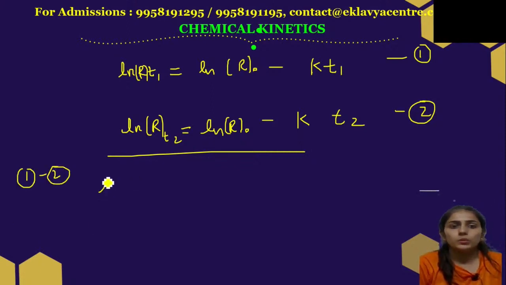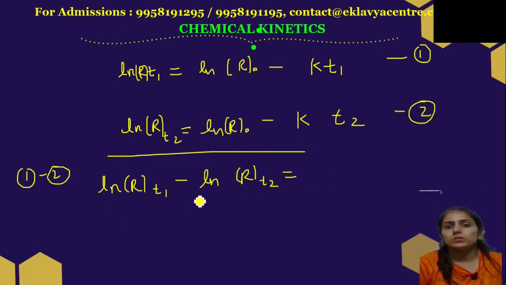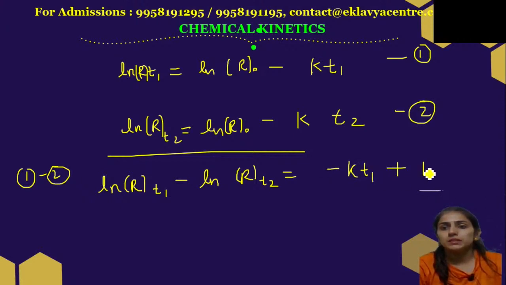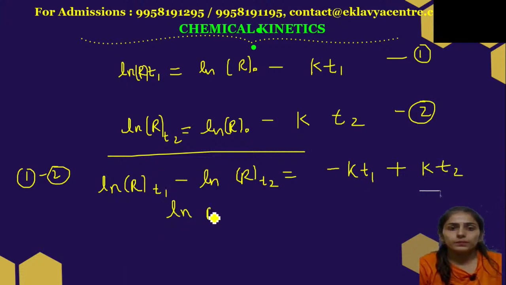You can do ln Rt1 minus ln Rt2 is equal to minus Kt1 plus Kt2. This becomes ln Rt1 by Rt2.